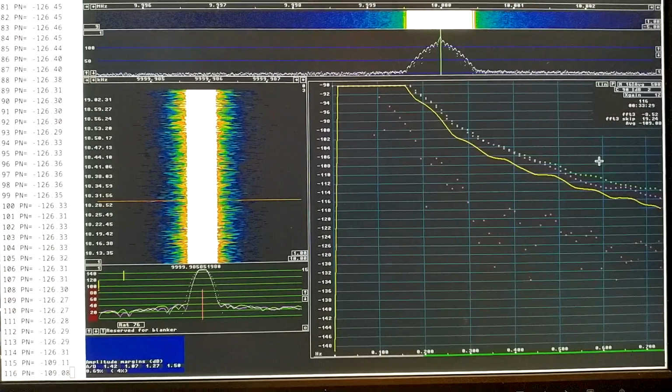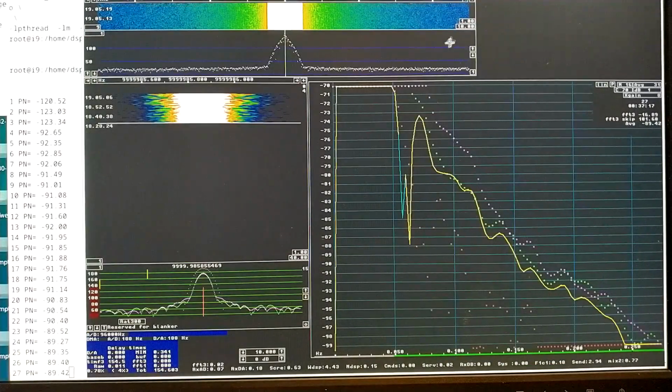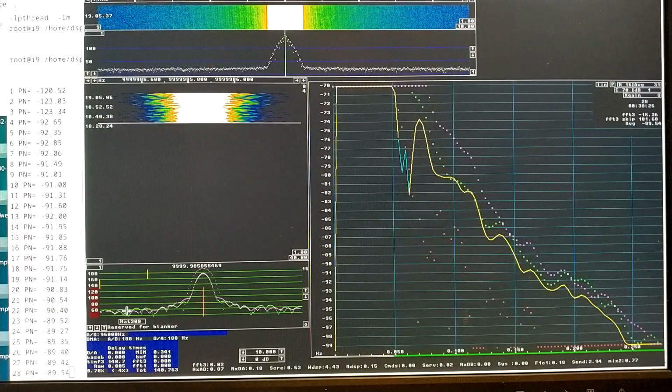I also look at this screen, which runs with a narrower bandwidth. Here I get the average from 0.05 up to 0.27 Hertz approximately. At the moment it is minus 89.4, but I will wait for a while.